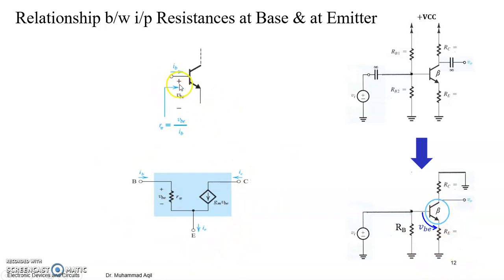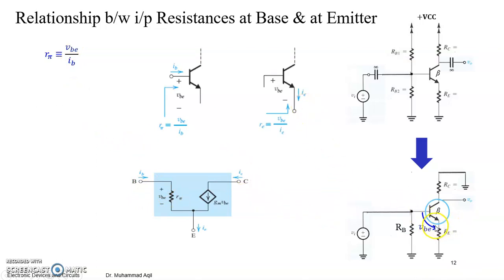Because we are looking into the base current and base to emitter voltage, we have a resistance between the base to emitter junction, but the resistance would be explicitly at the base side, not at the emitter side, right? At the collector side we have a current source, and we have already explained everything, right? So r pi is VBE by IB for this case.